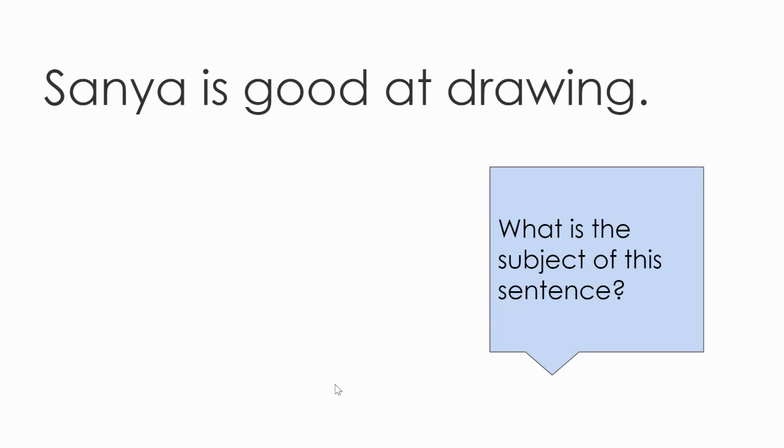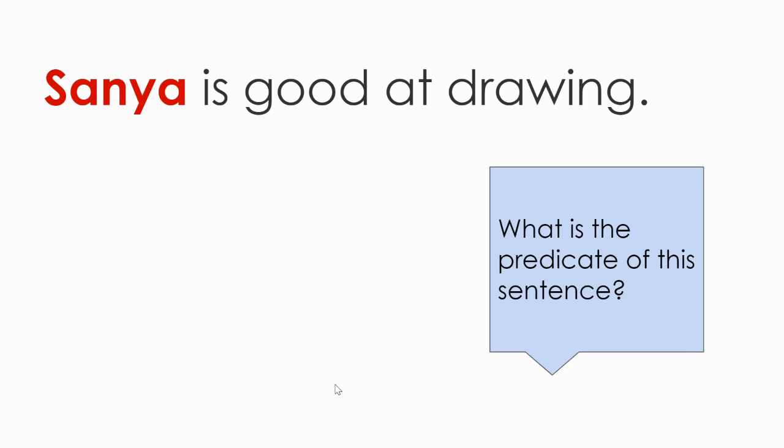Let's ask ourselves, what is the subject of this sentence? Second graders, who or what is this sentence about? You got it. It's about Sonia. She is the subject of our sentence. Now, what are we saying about the subject? What is the predicate of this sentence?